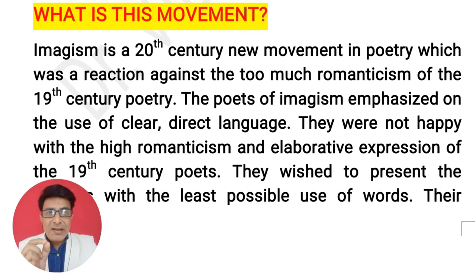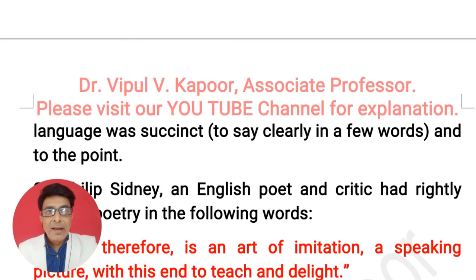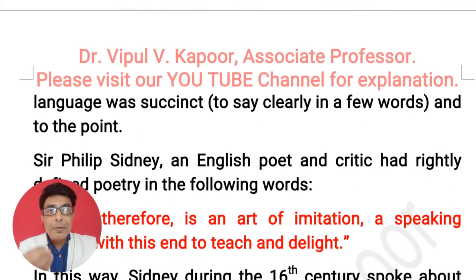They wanted to present pictures with the least possible use of words. I mean, with very few words, the poet must be able to create pictures in the eyes of the readers. So their language was succinct. That means they wanted to say things clearly in very few words.